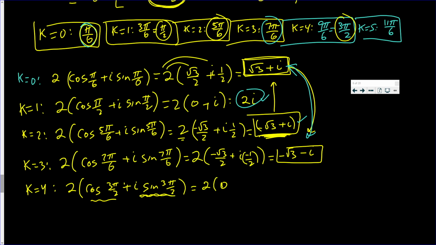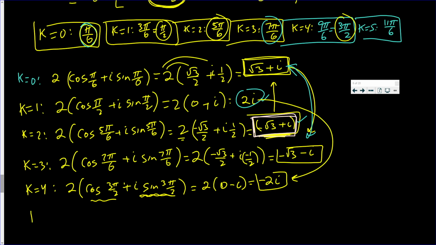And the sine of 3 pi over 2 is negative 1. So we get negative I, which is negative 2i. As promised, we got that pair. Now, if I don't make a mistake, I bet you I'm going to get radical 3 minus I next.